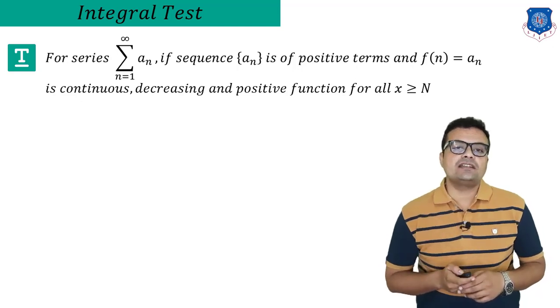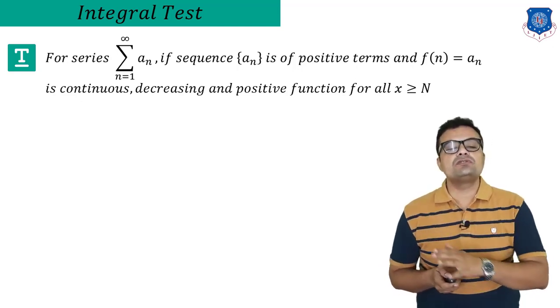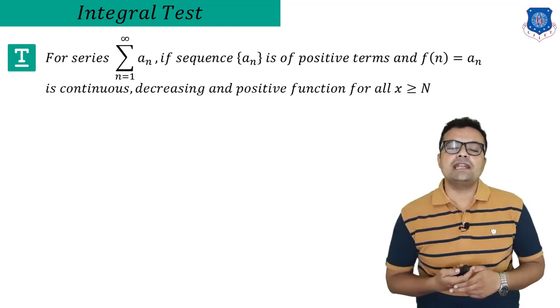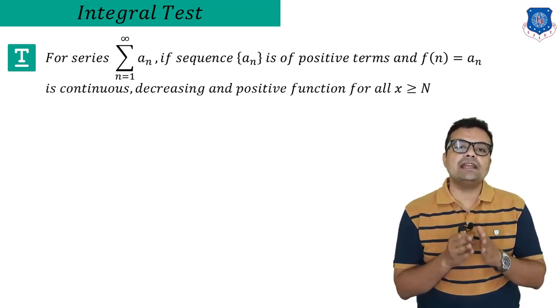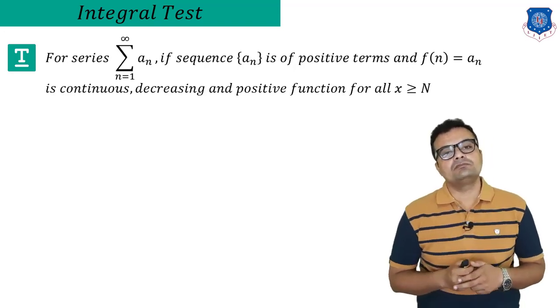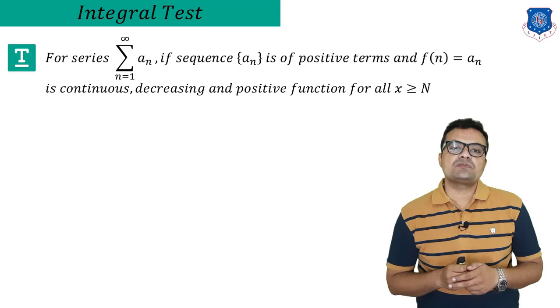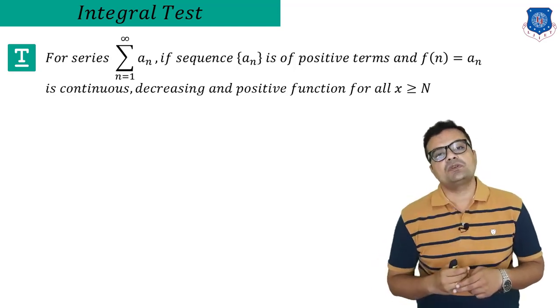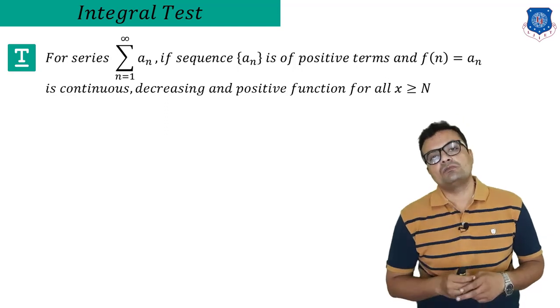This simply means that for initial values it may happen that the series is behaving randomly, but after that capital N index the series will fall into a particular form. Our given series must be in a decreasing form, it must be continuous, and it must be with positive numbers only.